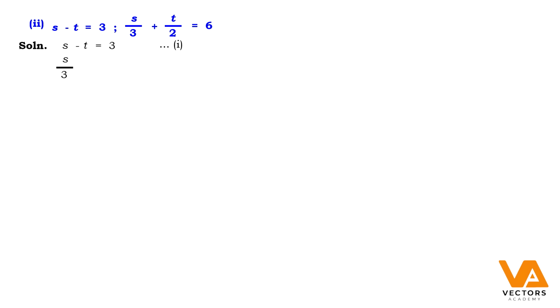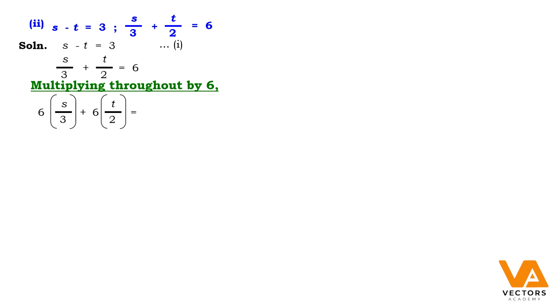The LCM of 2 and 3 is 6. So what we can do is multiply the complete equation by 6. By doing this, we can remove the fraction and we will get the second equation as 2s plus 3t is equal to 36.